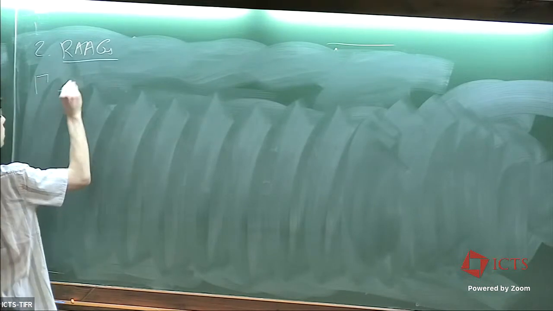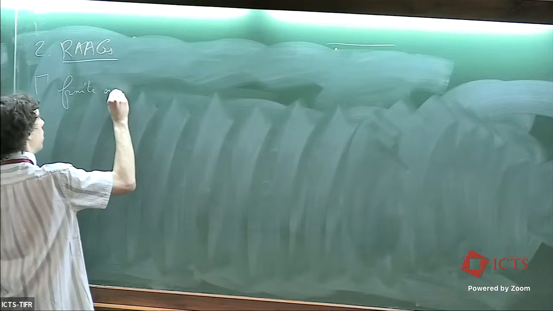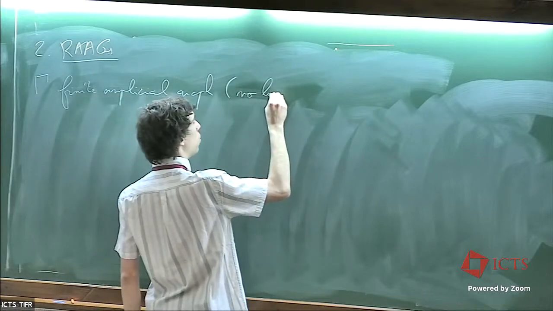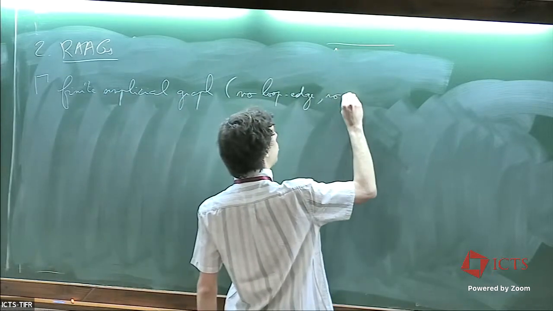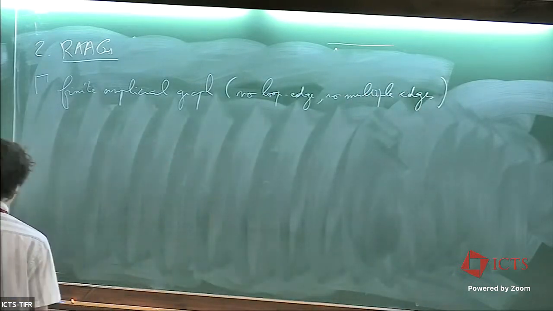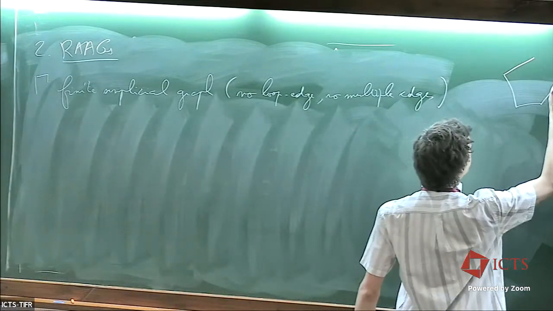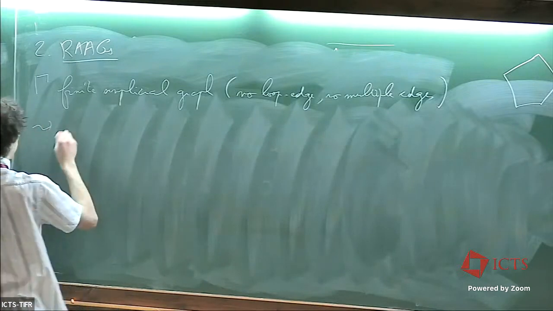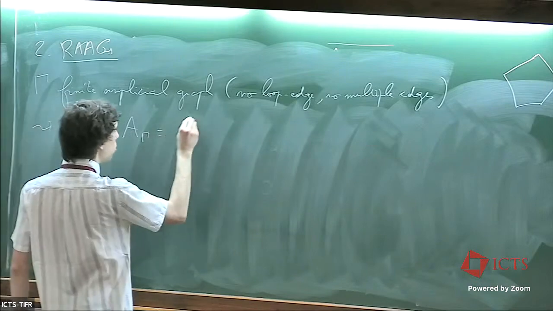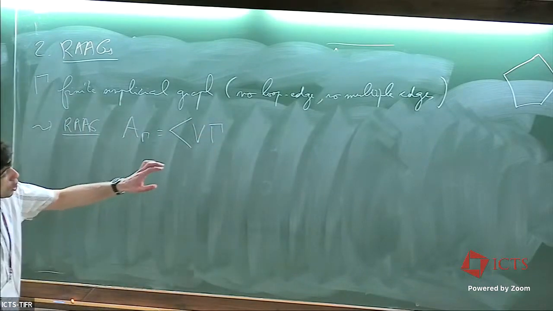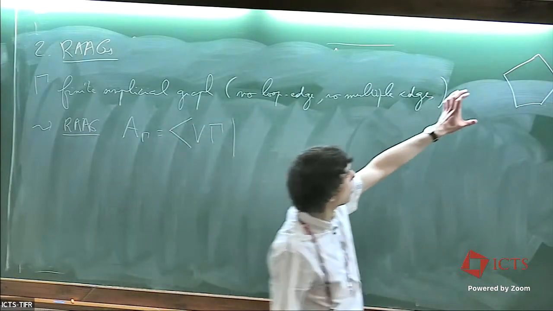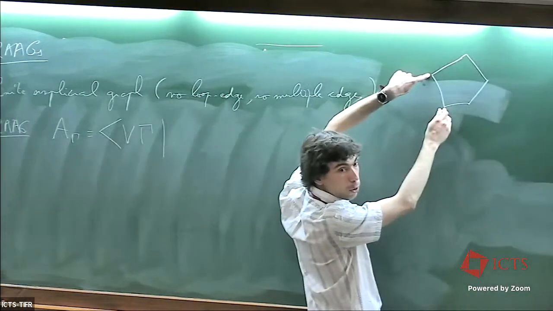If gamma is a finite simplicial graph, by which I mean with no loop edge and no multiple edges between vertices, then the right-angled Artin group A gamma is the group defined by the following presentation. We have one generator per vertex of the graph, and if two vertices are joined by an edge, then you declare that the corresponding generators commute.